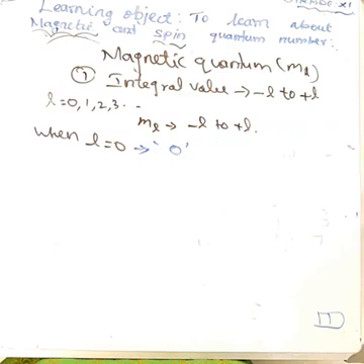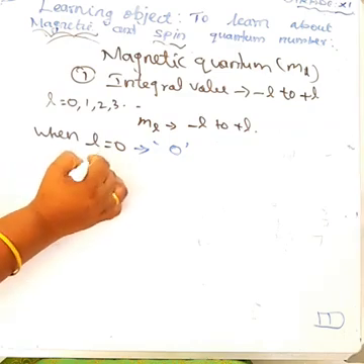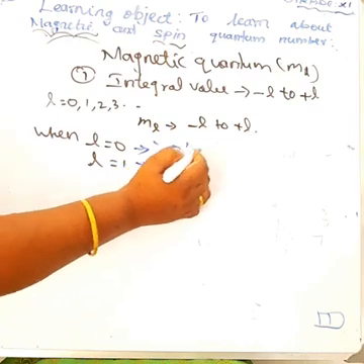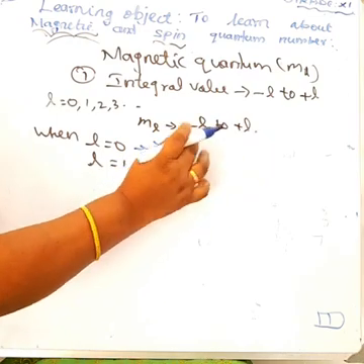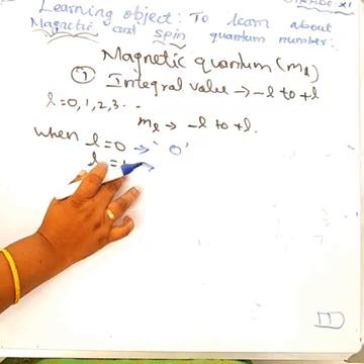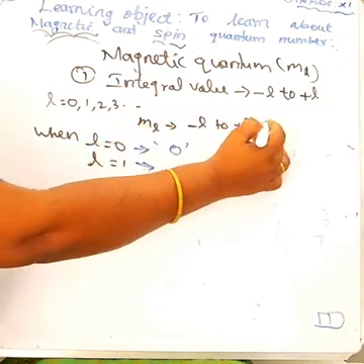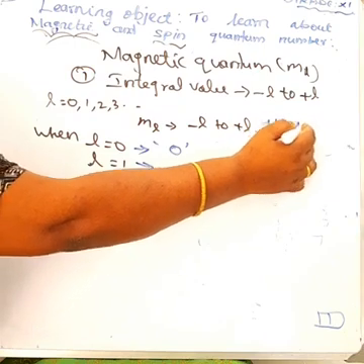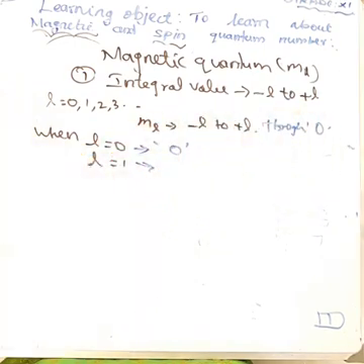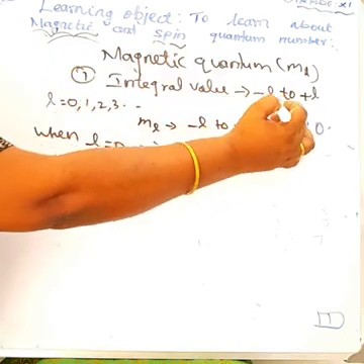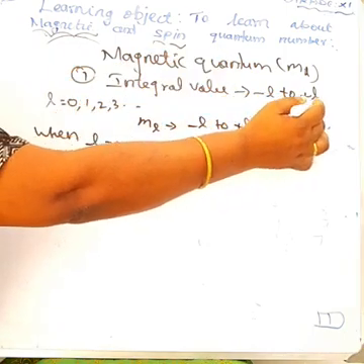Okay, when L is equal to 1, what about the integral value of the magnetic quantum number? It ranges from minus L to plus L through 0.